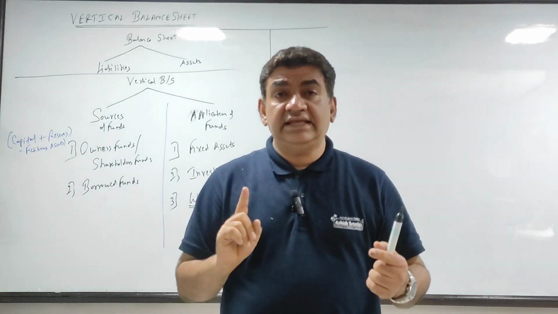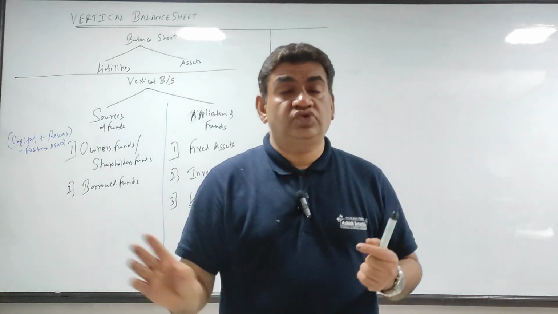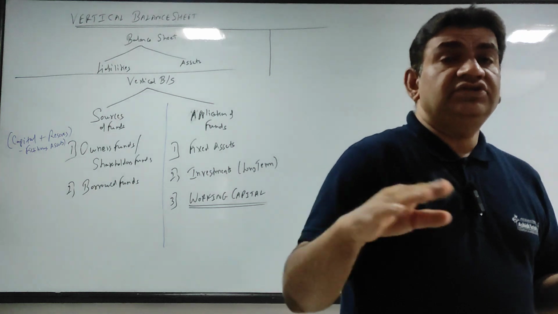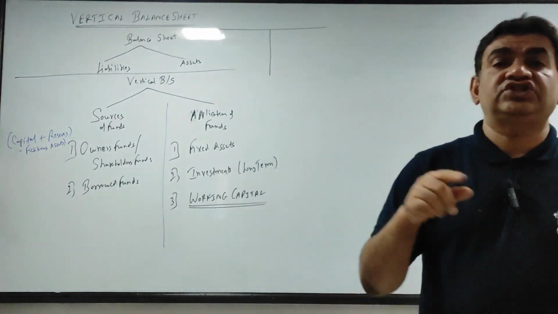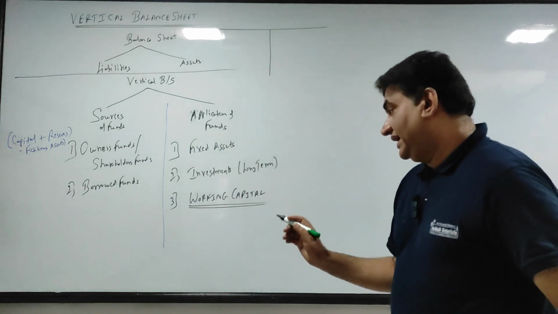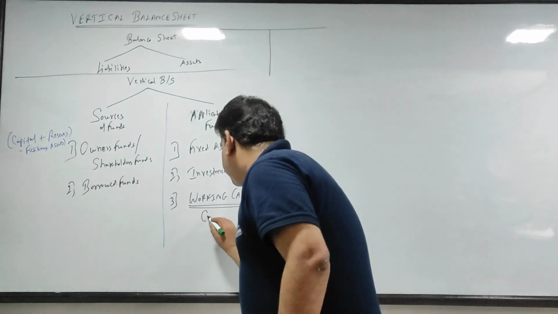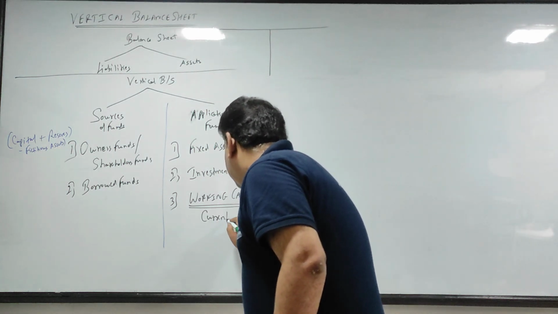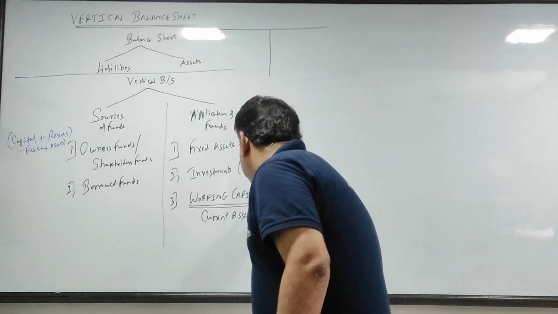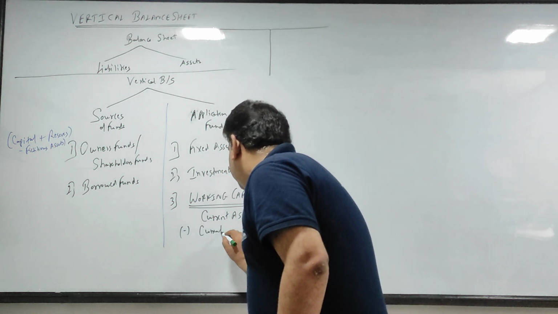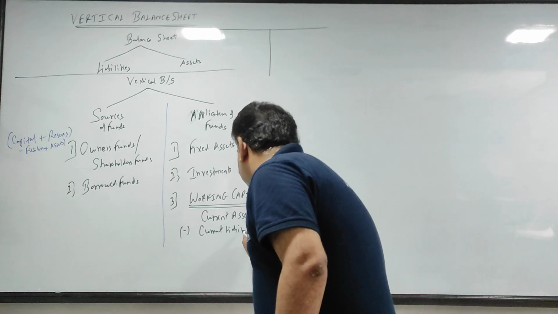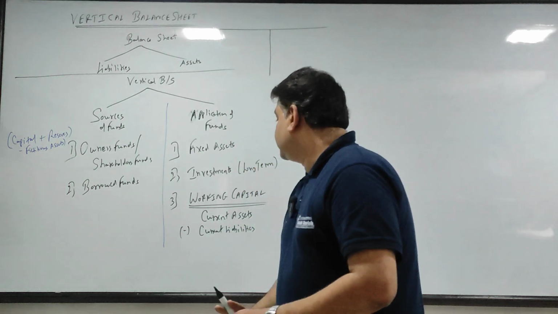It keeps going up and down. These are current assets. So those assets whose amount keeps changing regularly, or those assets which are short term in nature, are called current assets. So what is working capital? Working capital is current assets minus current liabilities.